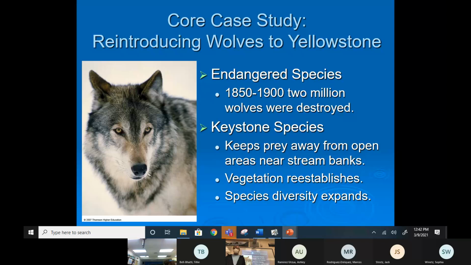So you can see lots of wolves were killed at the end of the 19th century, but it turned out that they're a keystone species. In other words, they kind of hold the ecosystem together. And so in the 80s, there was a movement to return them to Yellowstone.